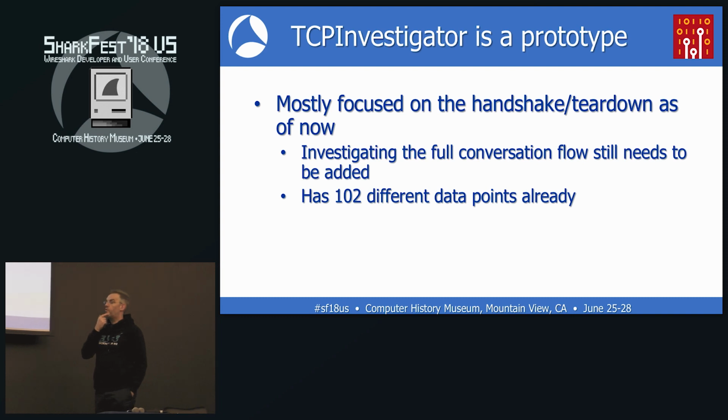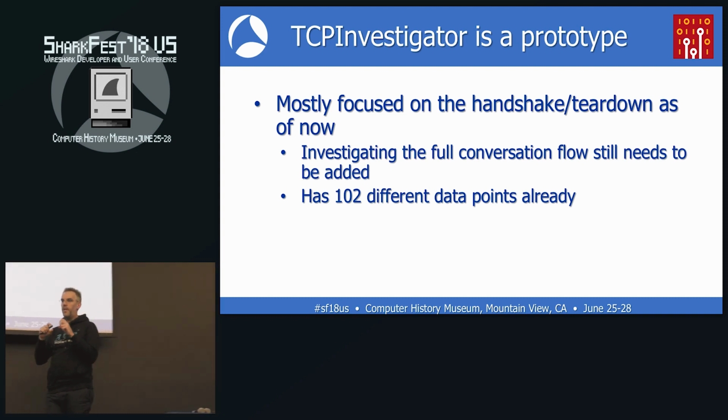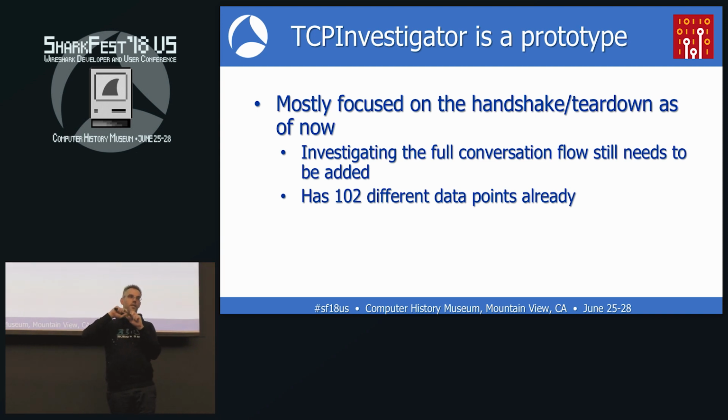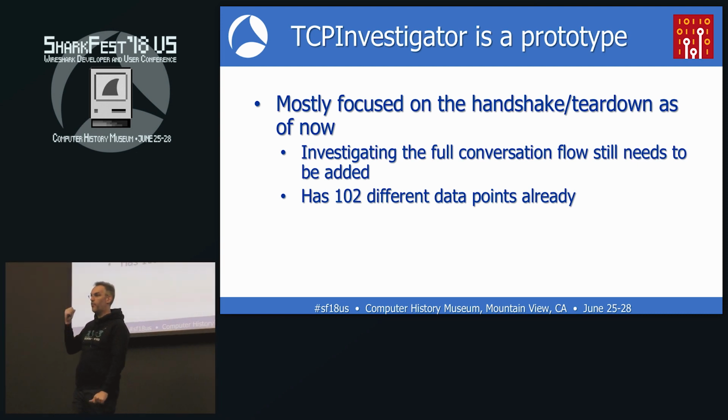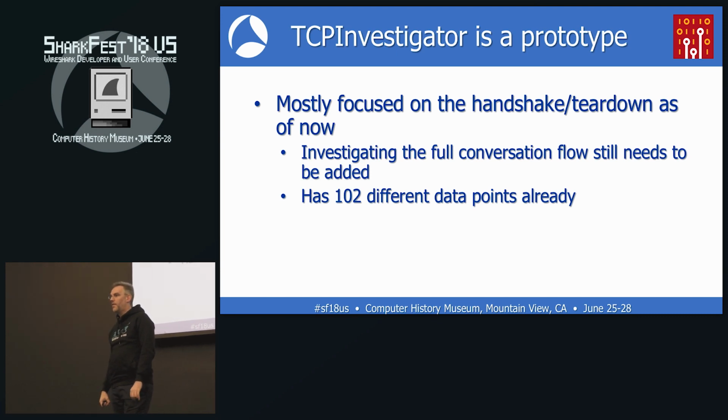Right now I have 102 different data points. So for each TCP flow, I'm keeping 102 data points. And if you would have told me that writing a thing like this, you will end up with 102 data points, I'd be like, seriously? I'd expect something like 30 maybe? And this is for handshake and teardown only yet, so it will get worse.